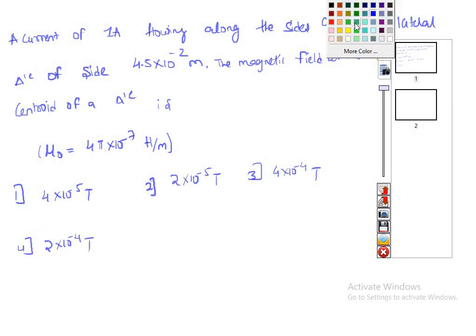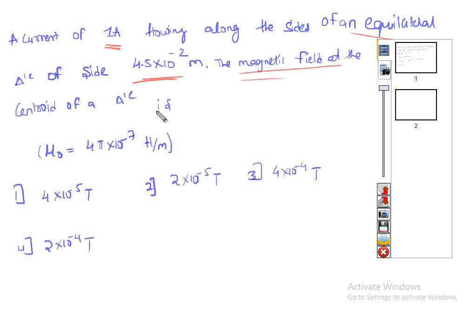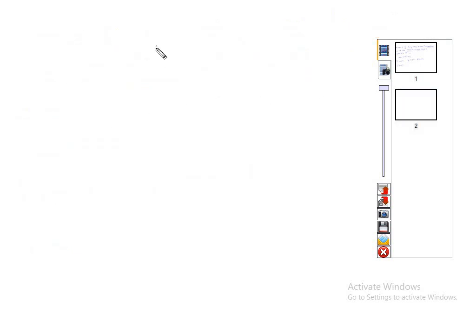So let's understand the question before we get to the solution. A current of 1 ampere flows through an equilateral triangle of the given side. You need to find the magnetic field at the center of the triangle. As it is an equilateral triangle, please don't worry about the shape. This is at the center.